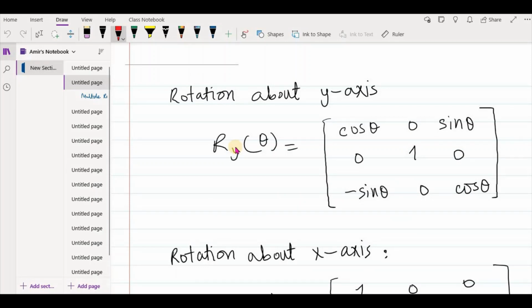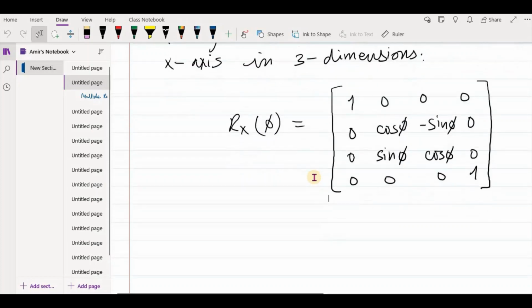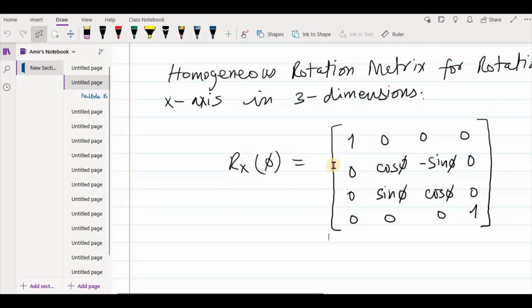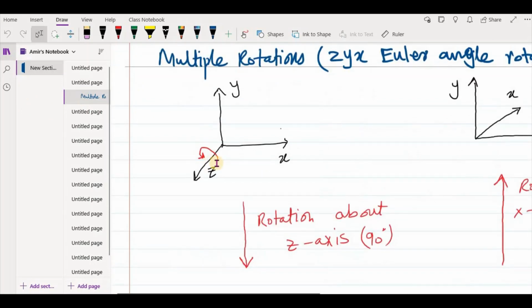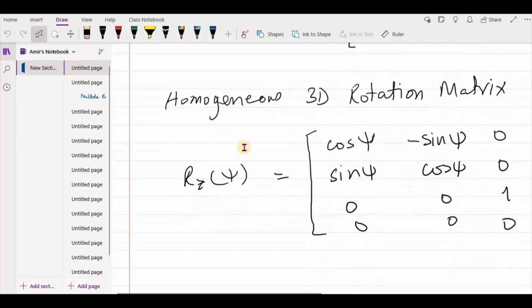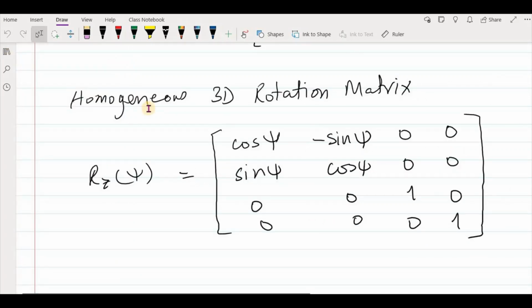You remember, this was for homogeneous rotation along the x-axis, and then this was here. So we shall use this matrix here.